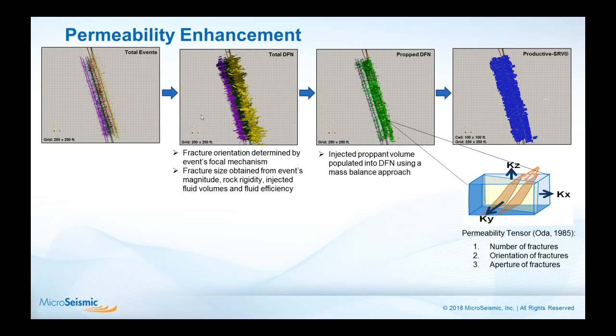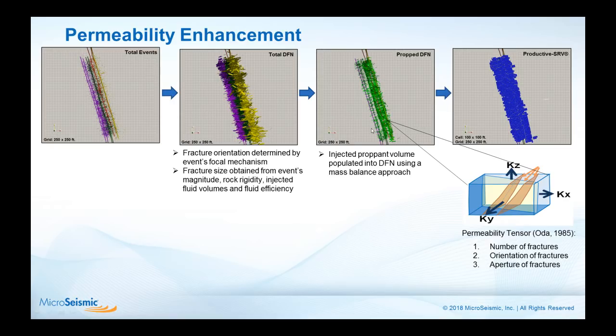The next step is to account for the amount of proppant that has been pumped into each stage. We start from the stage center and fill the DFN away from the wellbore until all the injected proppant is accounted for. This gives a subset of the total DFN that is likely to be propped, as you can see here.